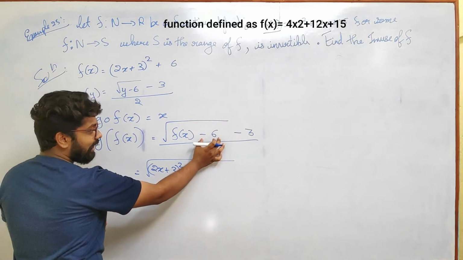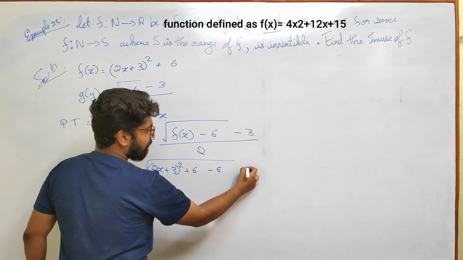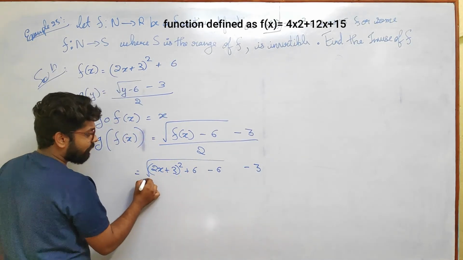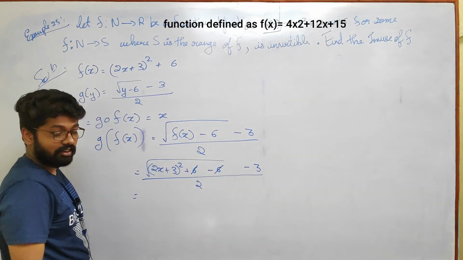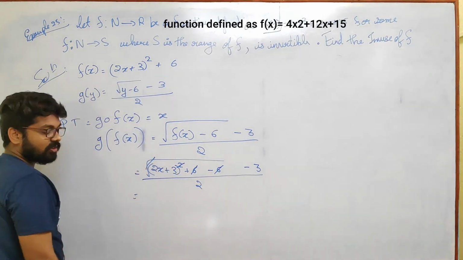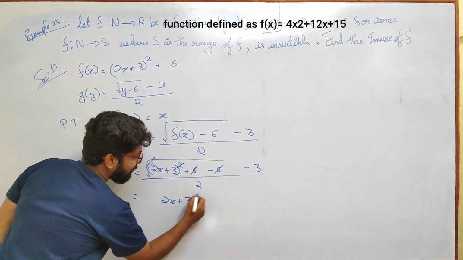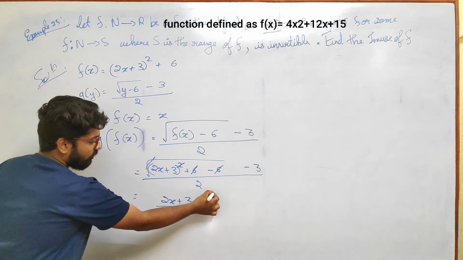But there is someone else also in the root. Okay, who is that? Minus 6. Minus 3 is outside the root, that you should keep in mind. Whole divided by 2. Minus 6 plus 6 cancel. The square and root also get cancelled. Remaining is what? 2x plus 3 minus 3 whole divided by 2.